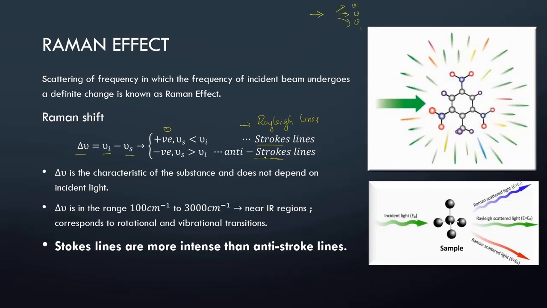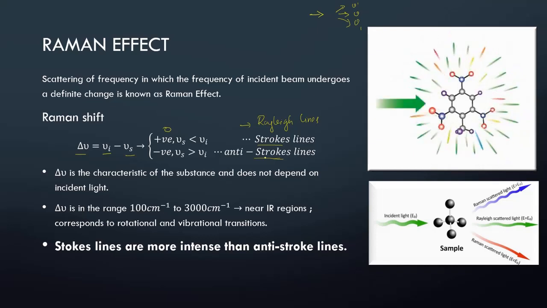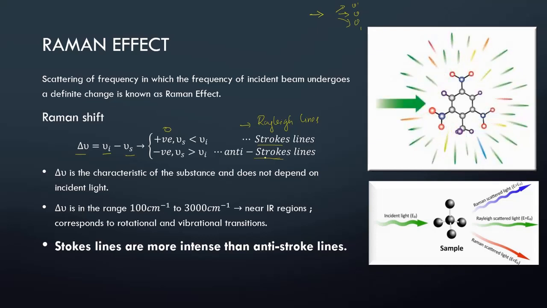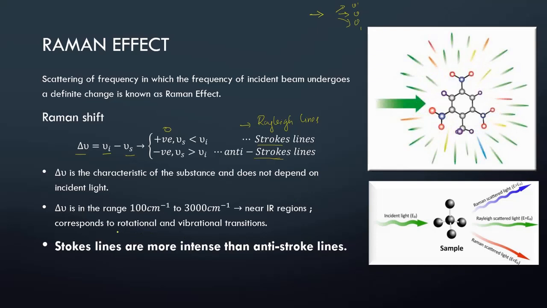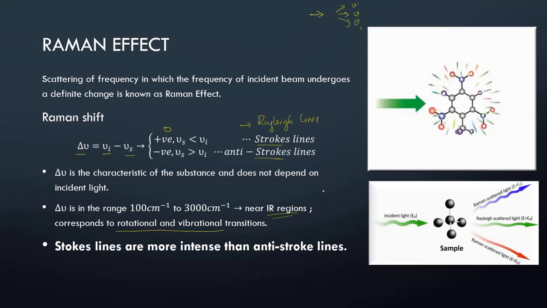In the near IR regions, which means the energy shift is in the near IR regions, and this corresponds to the rotational or the vibrational energy levels. If it was in the electronic energy levels, then these regions would have to be in the visible or higher regions.